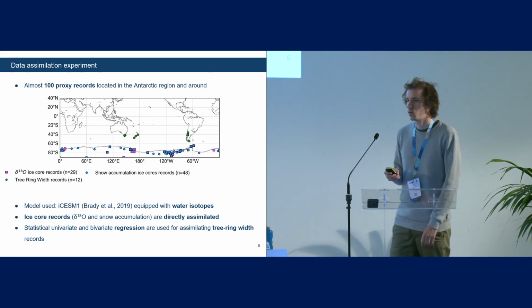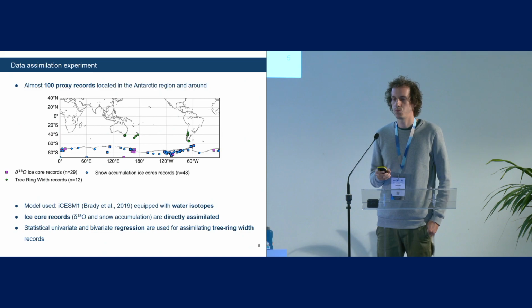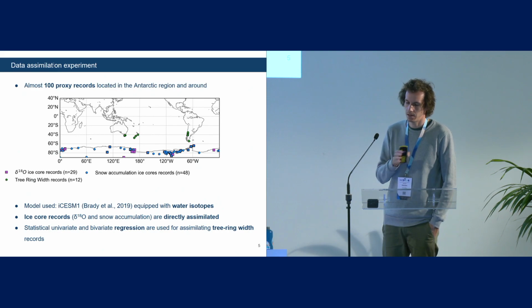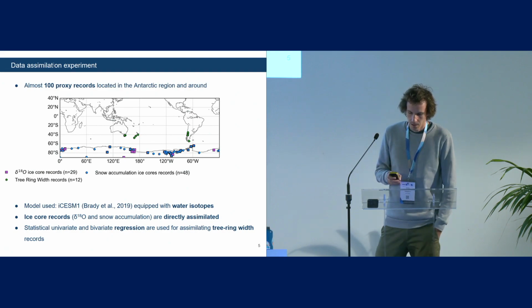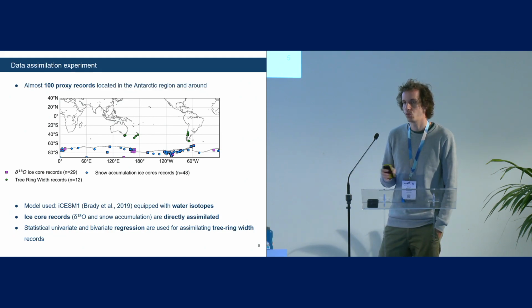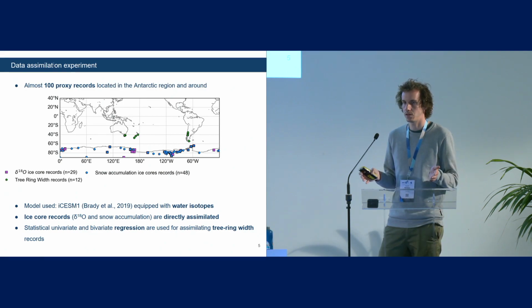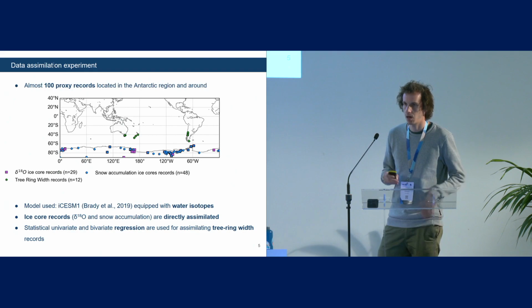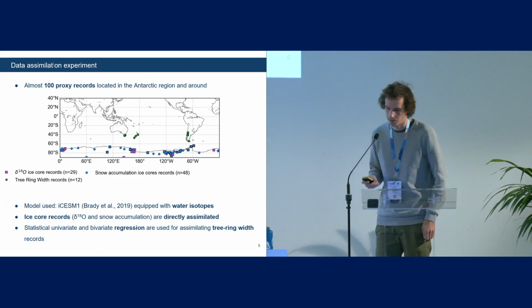In our reconstruction, we put a lot of attention into using a climate model with isotopes, to directly compare the isotopes from ice cores with the model. And for other variables, like the tree rings, because the climate model doesn't directly simulate the growth of the tree, we have to apply some proxy system models to convert the proxy into a climate variable or the opposite.